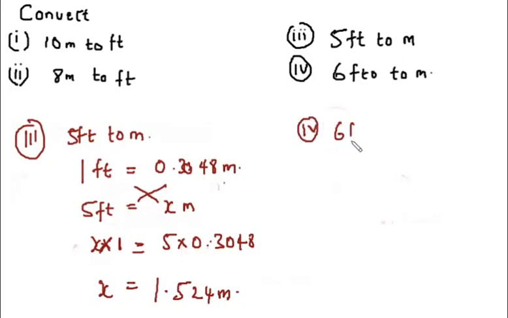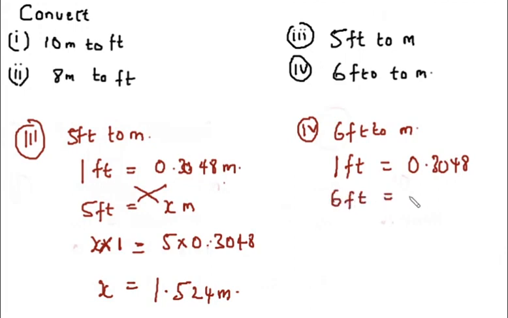Let's quickly take number 4 here: 6 feet to meters. Now you can pause the video and try to solve this one yourself. Like we did before, we take out the constant conversion term. We know that 1 foot is equal to 0.3048 meters, so 6 feet should be equal to x meters.